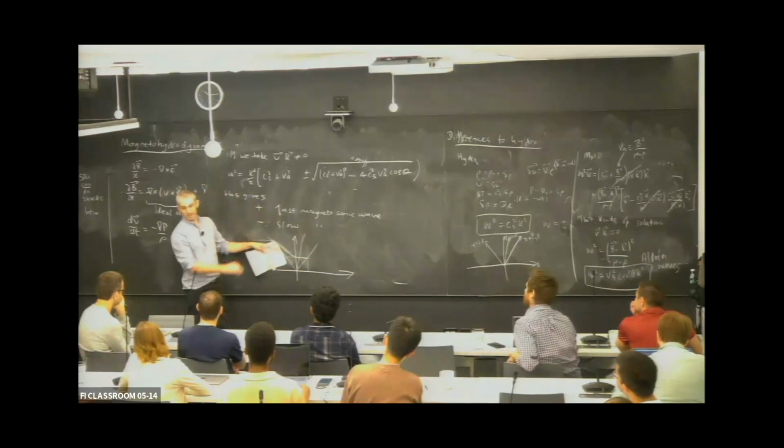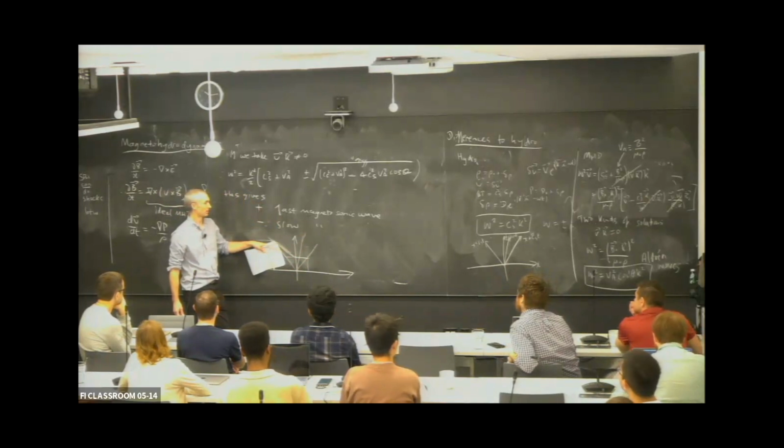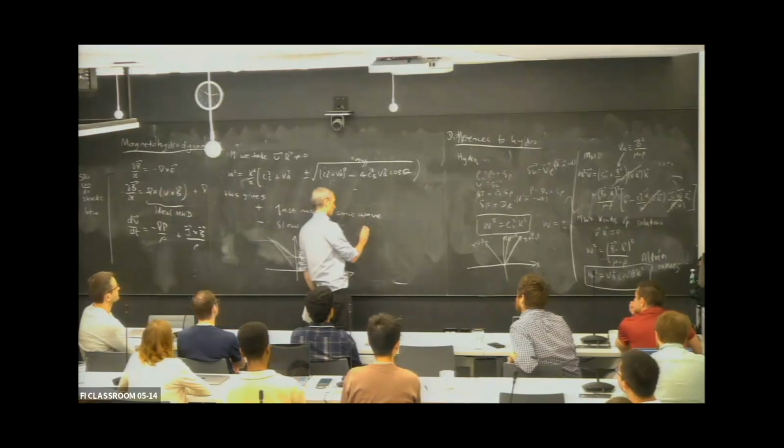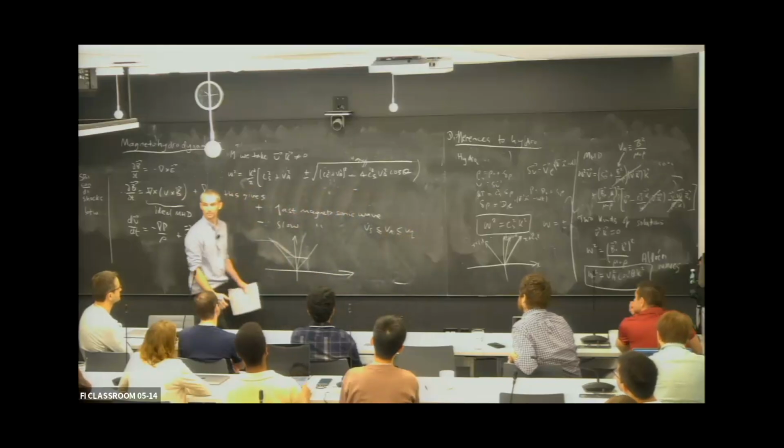What's new in MHD? How many waves do I have going in each direction? Well, I'll tell you one more piece of information which you can work out. V slow is less than V Alfvén, which is less than V fast. So that's always true.